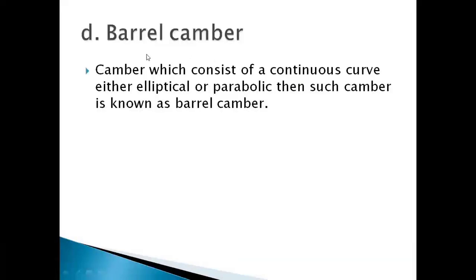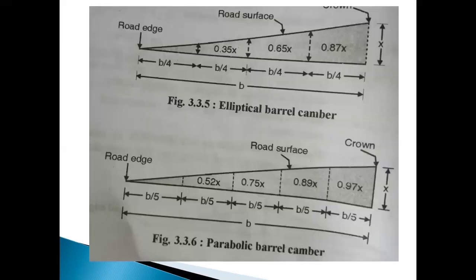Now the next type of camber is barrel camber. The camber which consists of a continuous curve, either elliptical or parabolic in shape, is known as a barrel camber.